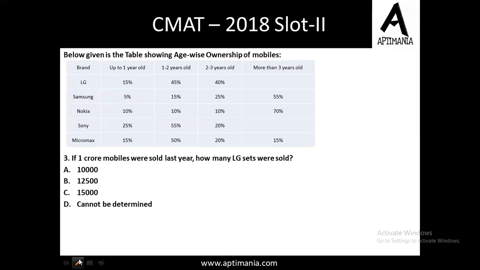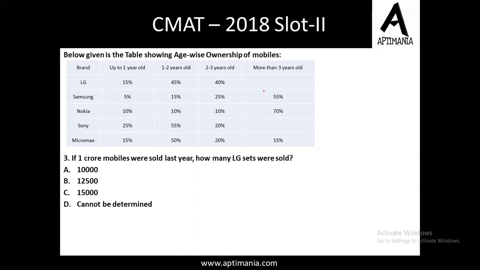Question number 3. It's a question from DI, data interpretation. Let's try to check it out. Below given is the table showing age-wise ownership of mobiles. Now, understanding of this table is very important because it is given to us in terms of percentage.